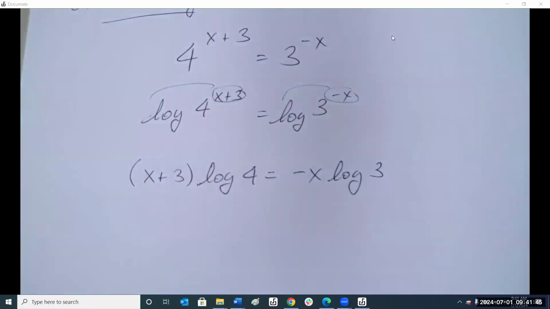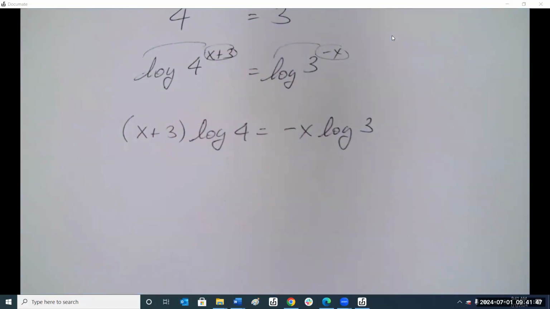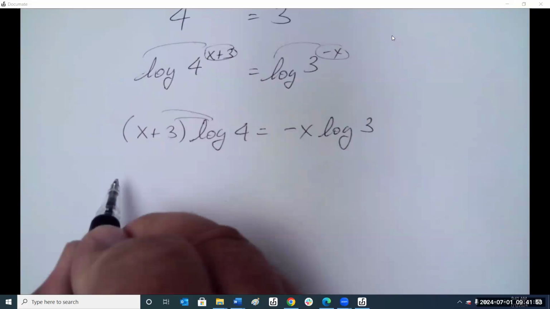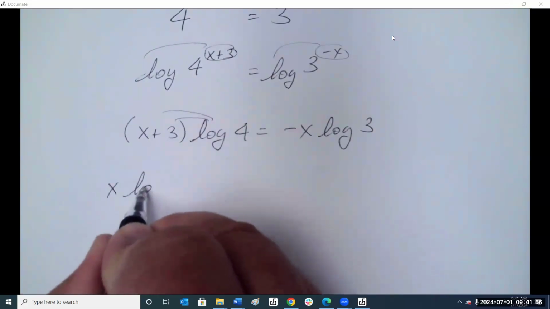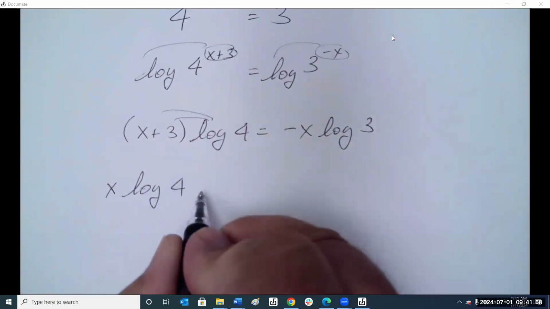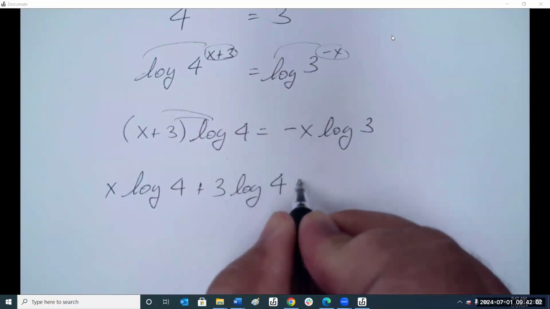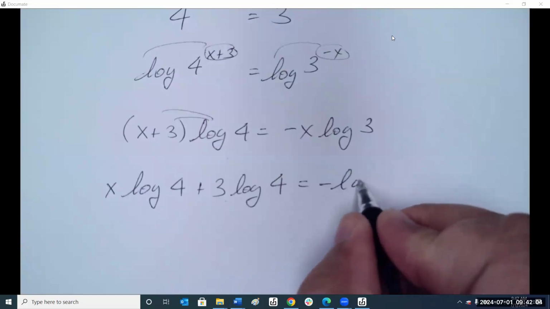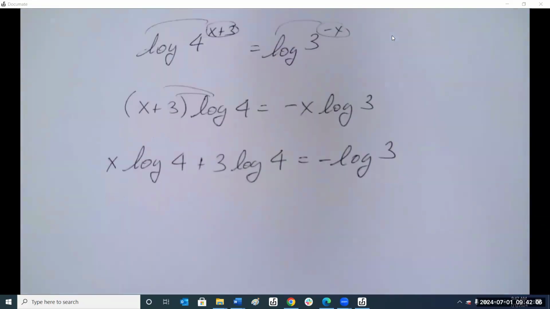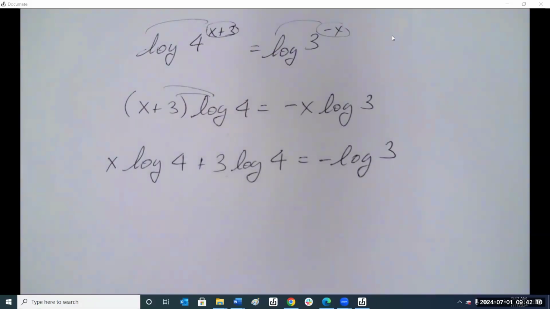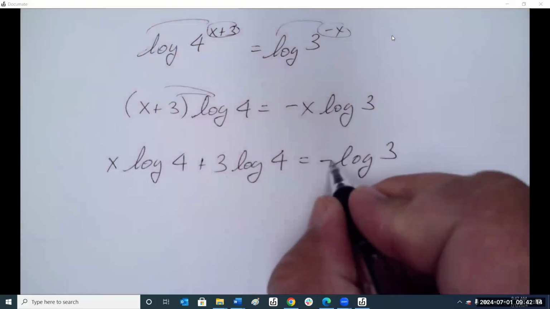Now instead of what we did earlier, we could have distributed. We could have gotten rid of the parentheses there, because remember, there's a minus x there.